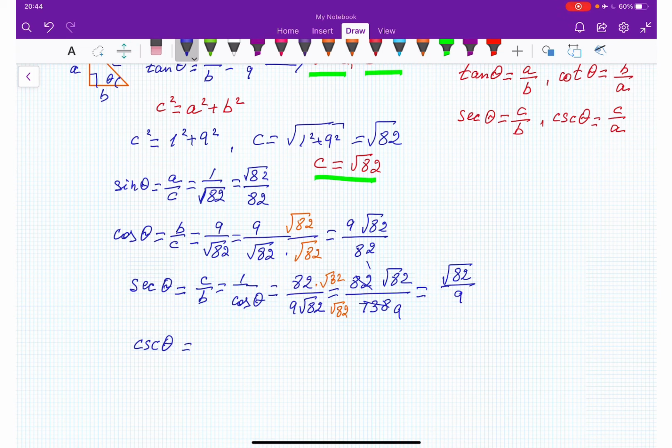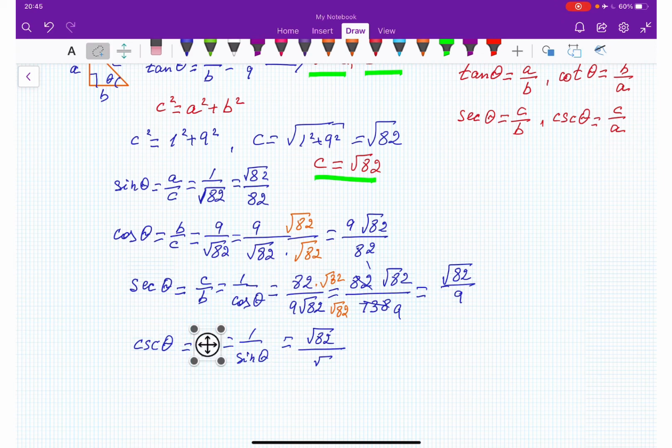Cosecant. Cosecant theta is equal to C over A, which is equal to 1 over sine theta. And that is equal to the square root of 82 over, well, I'm going to use C over A this time.